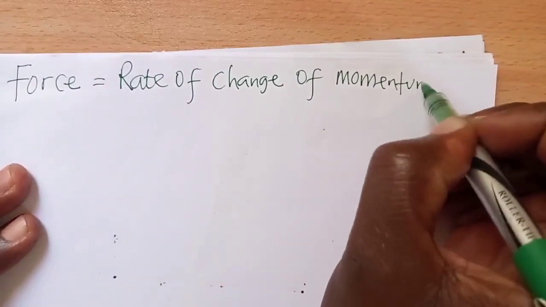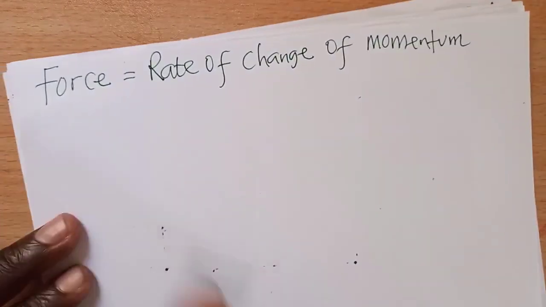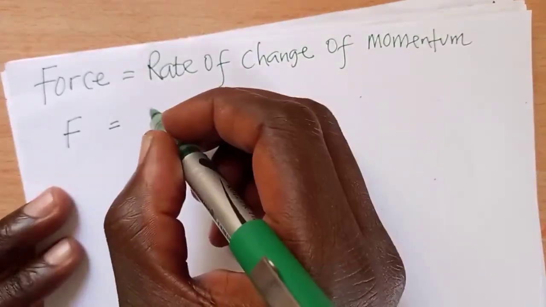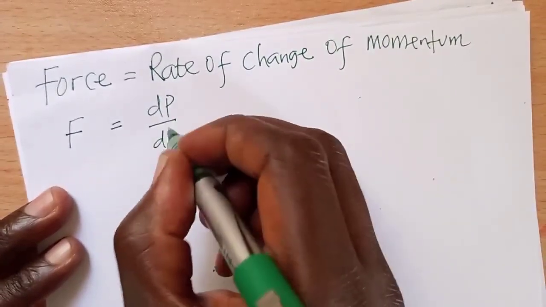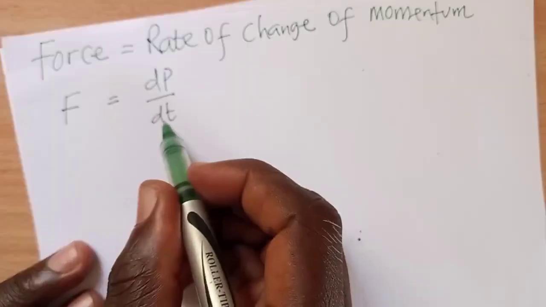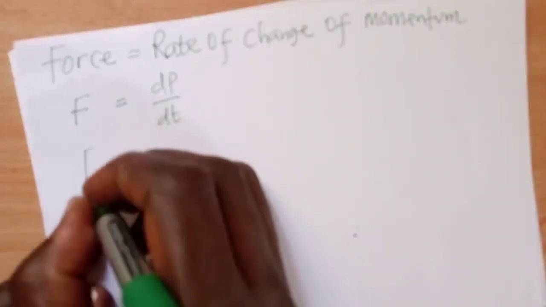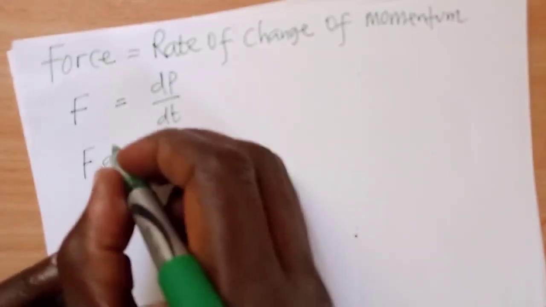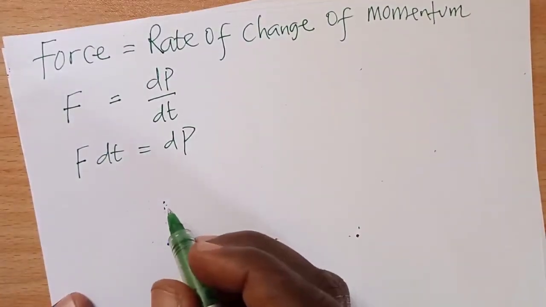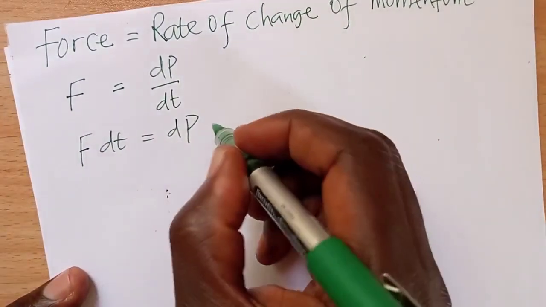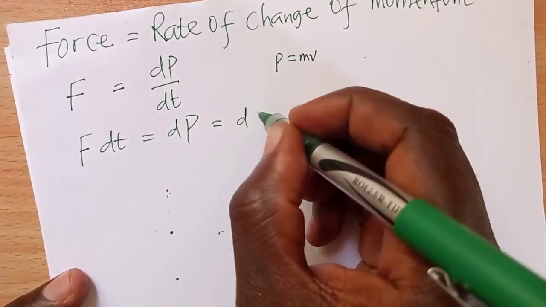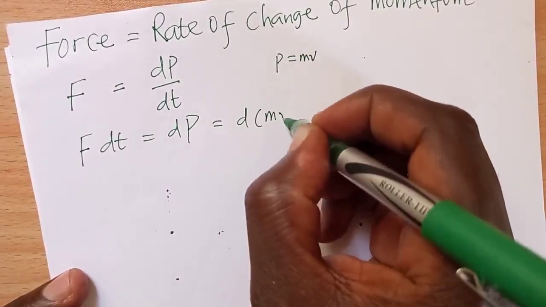In symbols, this means F is equal to dp by dt, where p is the momentum, F is the force, and t is time. So if we take this dt to the other side, we get F dt is equal to dp. Don't forget that momentum p is mv, so we can say this is d of mv.